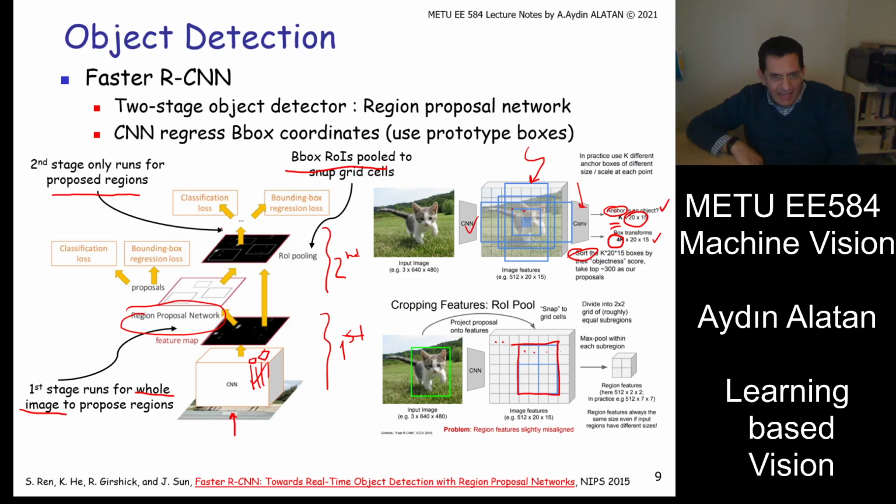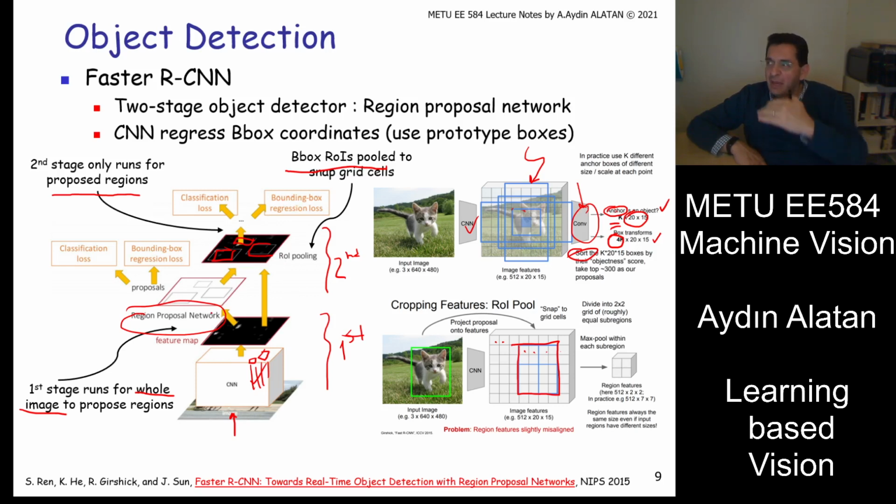Therefore, inside every hypothesis, there will be an integer number of features, and those features will be utilized by this extra convolutional layer here to refine our estimation of the bounding boxes.